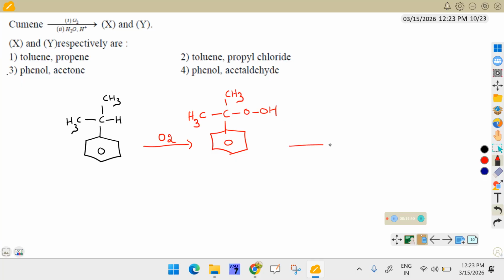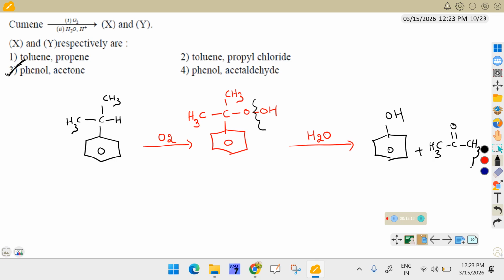The cumene peroxide undergoes further hydrolysis, then it gives phenol and acetone, CH3COCH3. So the correct option is the third option.